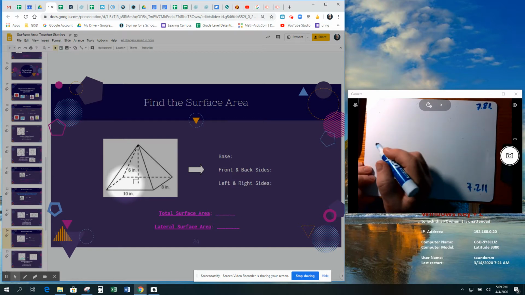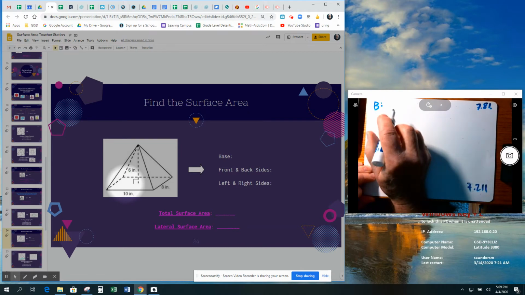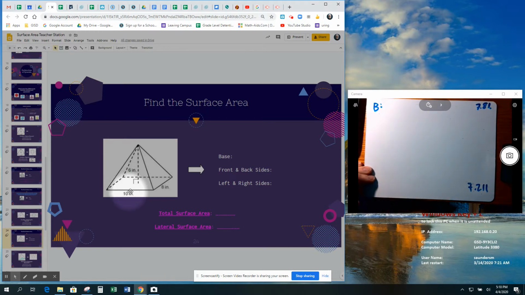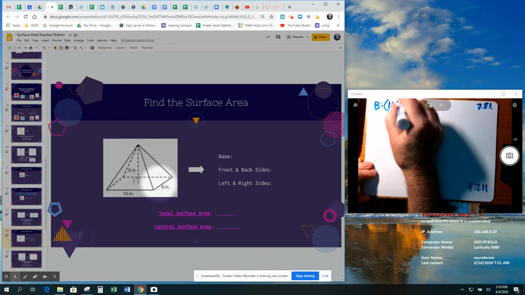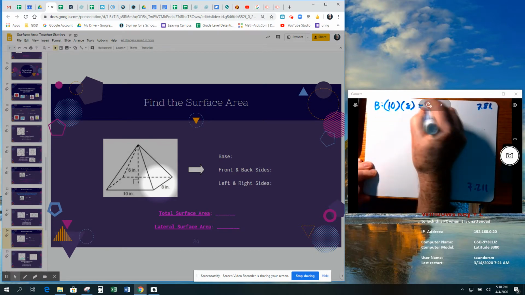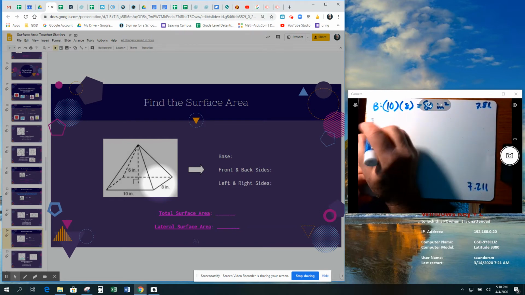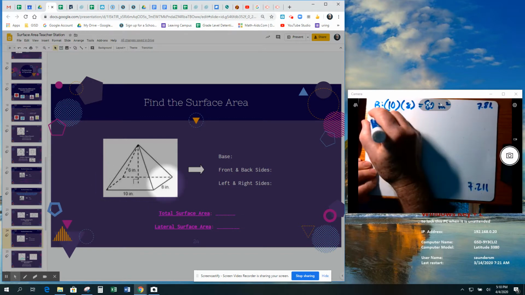So the area of the base: the two edges are 10 inches and 8 inches. So 8 times 10 equals 80 square inches. Now we have two sides, this 8-inch side and this 8-inch side over here, that are going to be the same. I'm going to call those 1 and 2.